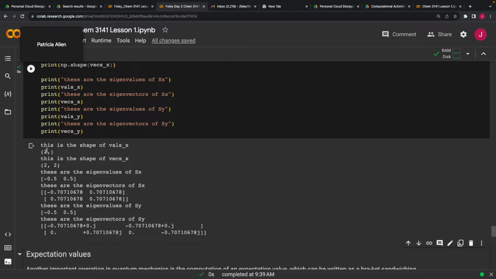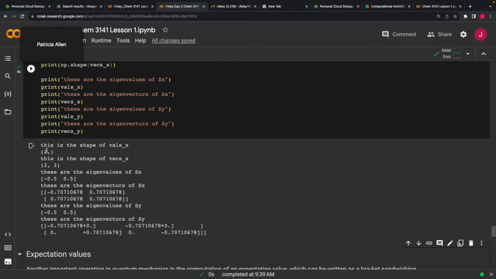Okay. So here's what we have. We have an eigenvector for Sx associated with this eigenvalue, which is this crazy number and this crazy number.